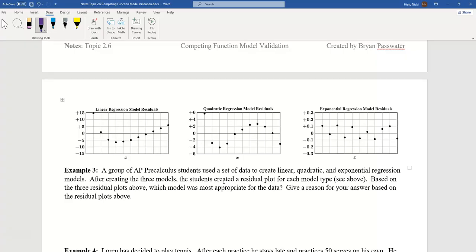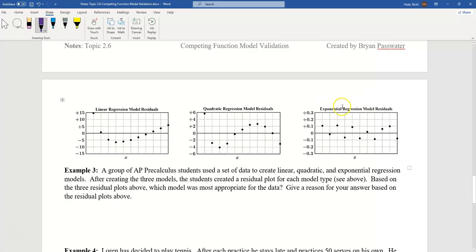Give a reason for your answer based on the residual plots above. Okay, so here is the residual plot for the linear regression. Here is the residual plot for the quadratic regression. And here is the residual plot for the exponential regression. Which one is going to be the best choice for this?